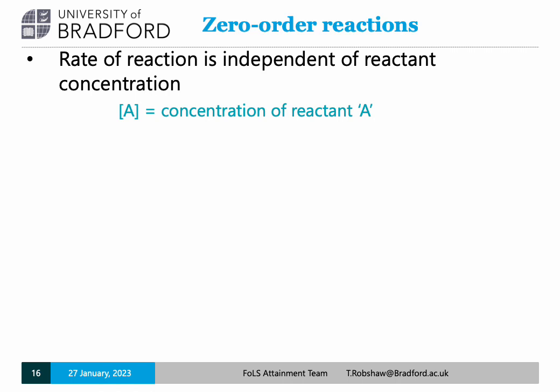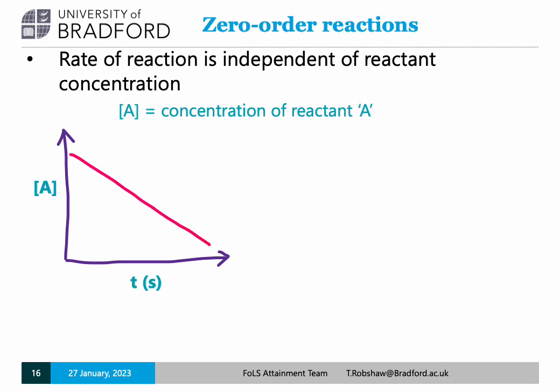Now, for some reactants, no matter what the concentration of it is, it doesn't change the speed at which the reaction proceeds. So on our graph here, we've got concentration of a reactant, we'll just call it A, which will decrease as it's consumed on our y-axis and time on our x-axis. You can see from the line I've just drawn that the rate of reaction does not change at all over the course of the experiment, i.e. it doesn't matter whether there's a huge amount or a tiny amount of the reactant, the concentration of it decreases at exactly the same rate.